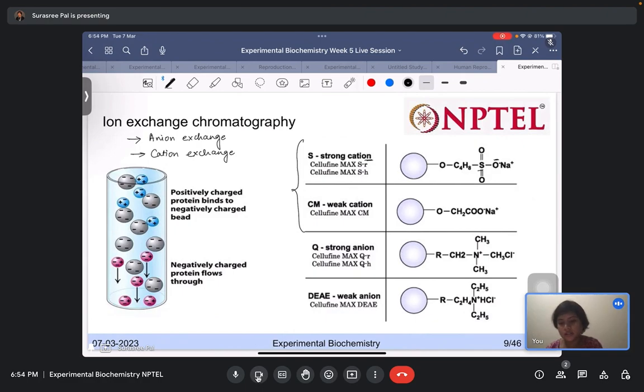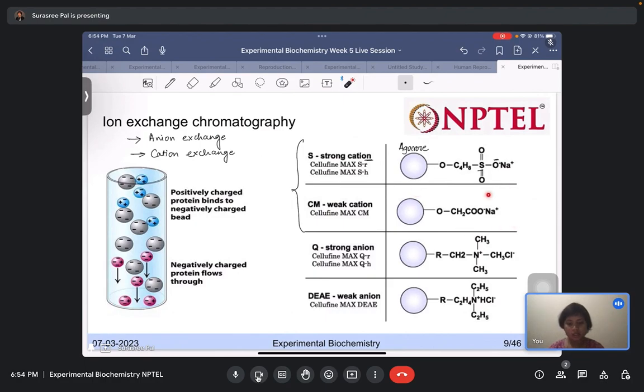These are agarose beads. The agarose bead is linked to this negatively charged group, because of which this matrix will be negatively charged.